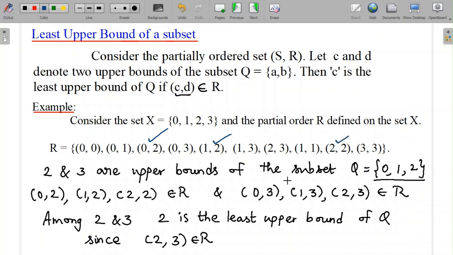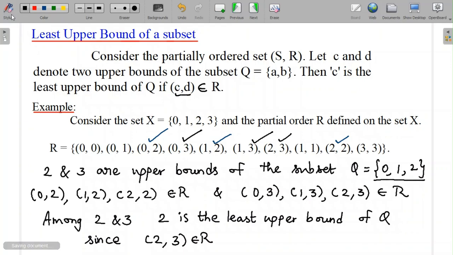So 2 is definitely an upper bound because every element of this subset is related in this manner. The same can be extended to the element 3. 3 is an upper bound of this subset because we have (0, 3), (1, 3), and (2, 3). Hence, we have both 2 and 3 as upper bounds of this subset.